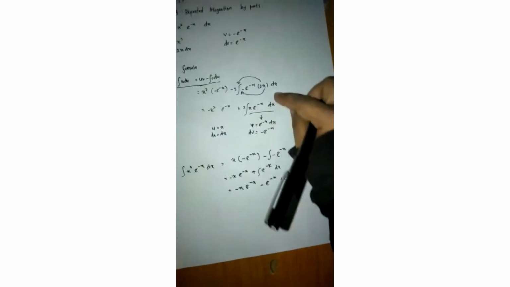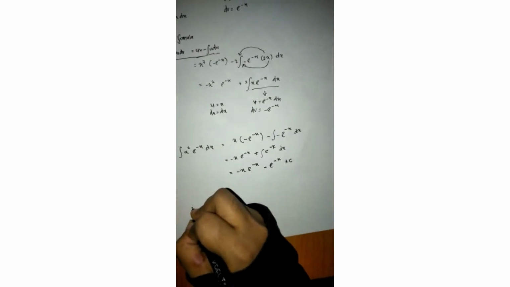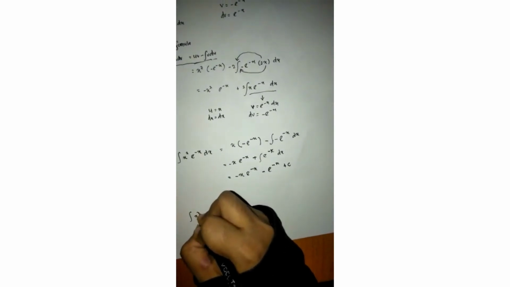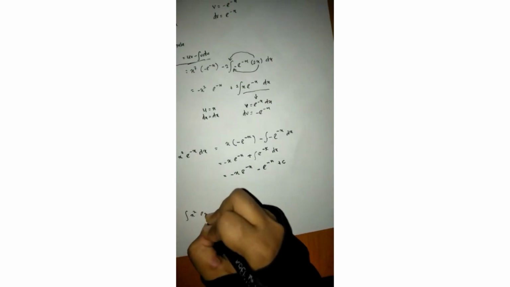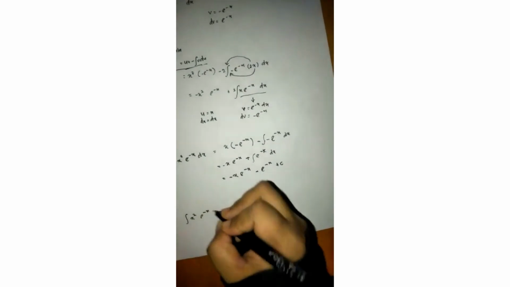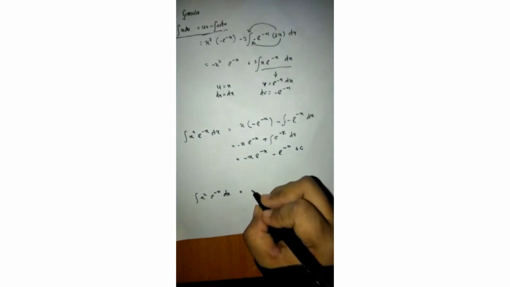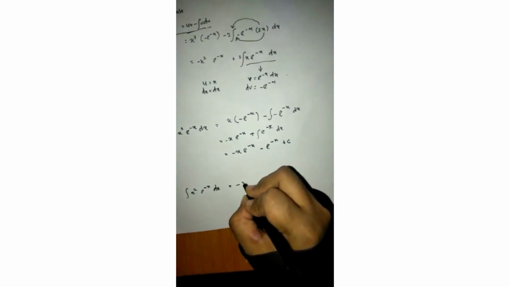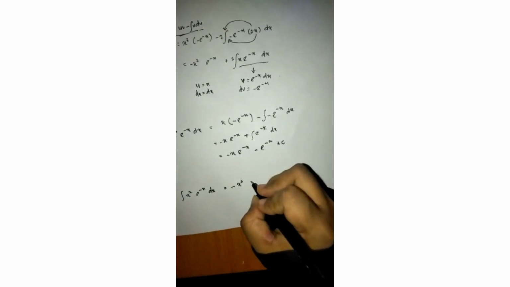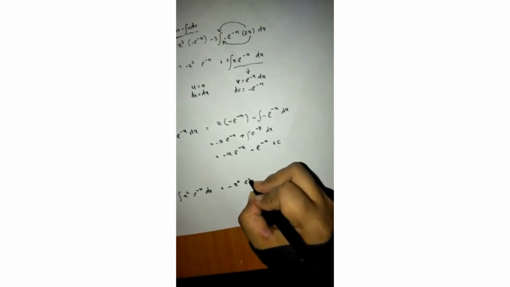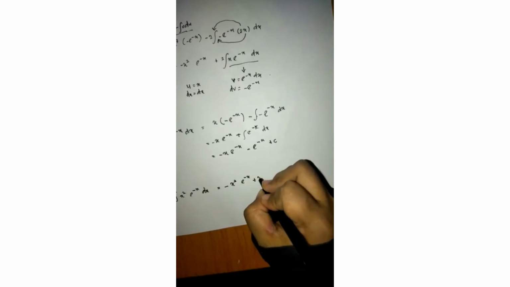Okay, from this we substitute to this. Write down the same, x power of 2 e power of negative x times dx equal to negative x power of 2 e power of negative x plus 2.